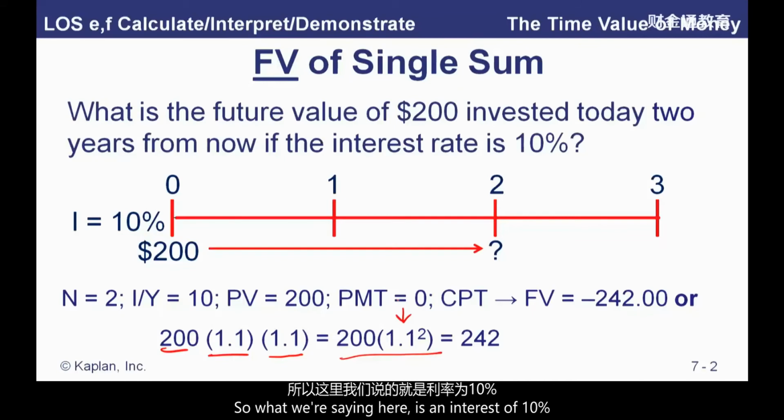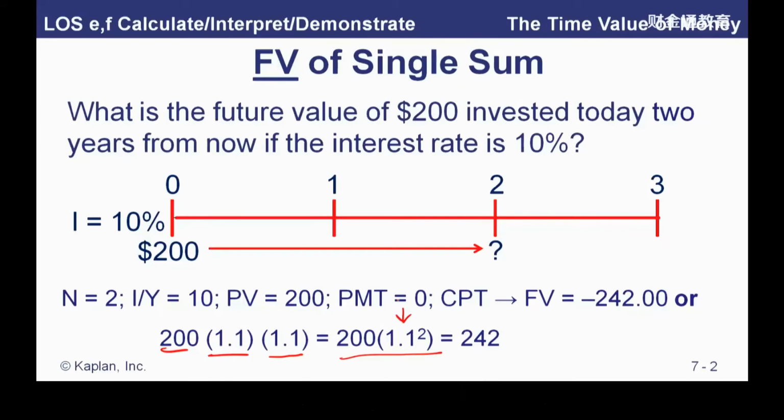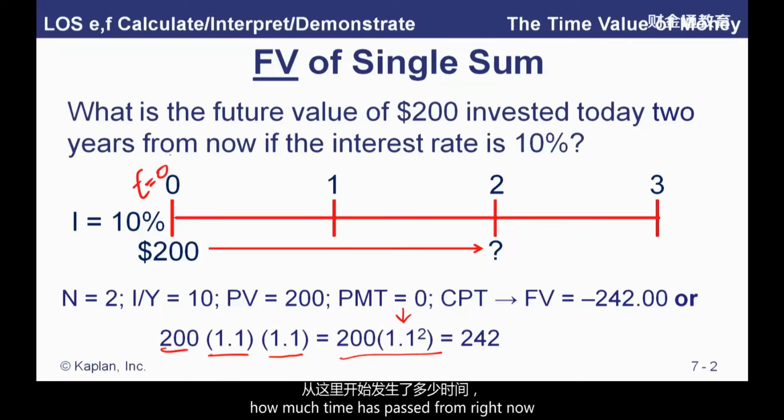So what we're saying here is that at an interest rate of 10%, $200 at time 0, and that's going to be our notation here. T is always how much time has passed from right now. So that's T equals 0. This is T equals 1, this is 1 year later. And T equals 2 is 2 years later.